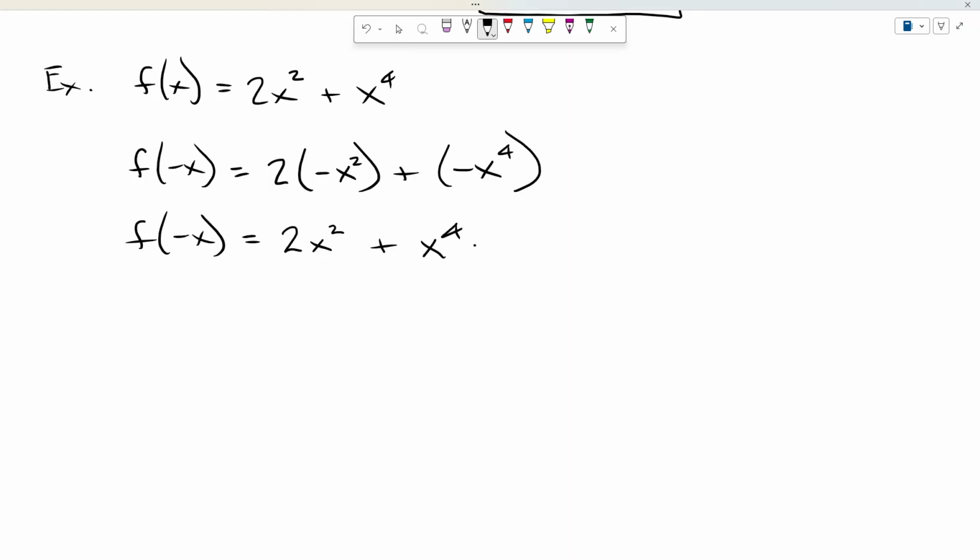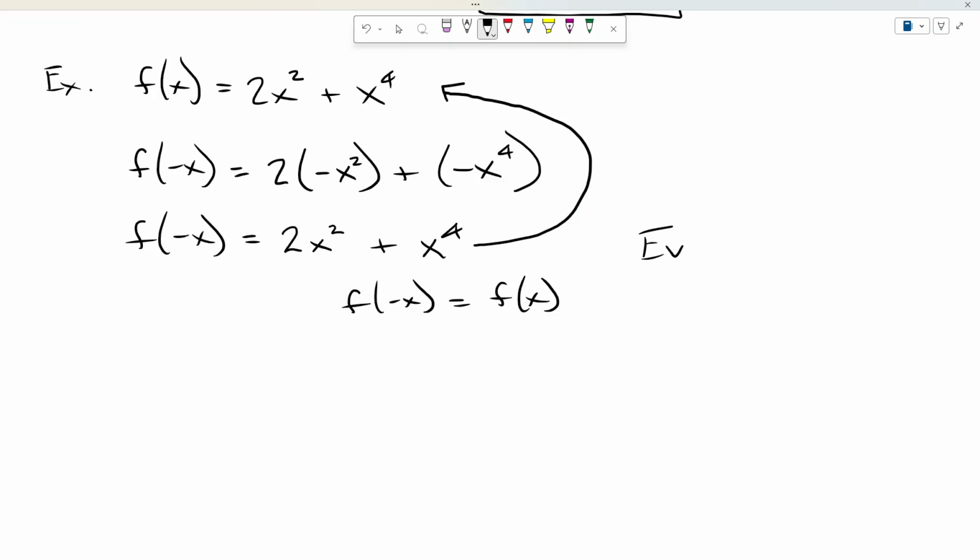So let's compare. Does our f of negative x equal the original f of x? And it looks like it does. So when f of negative x is equal to the original f of x, then we say it is an even function. So that is our answer for that one.